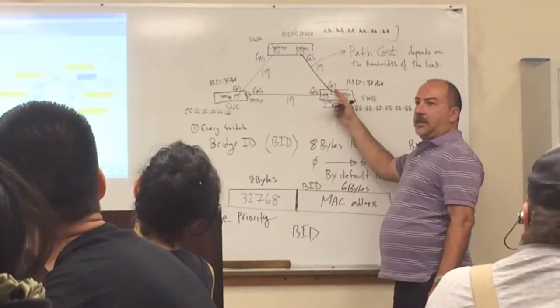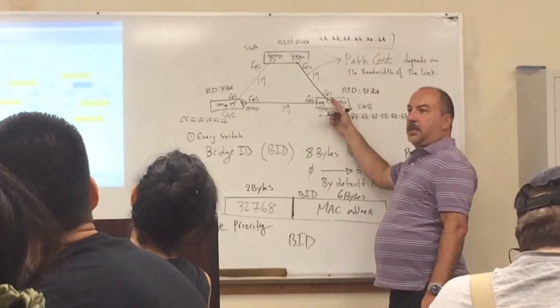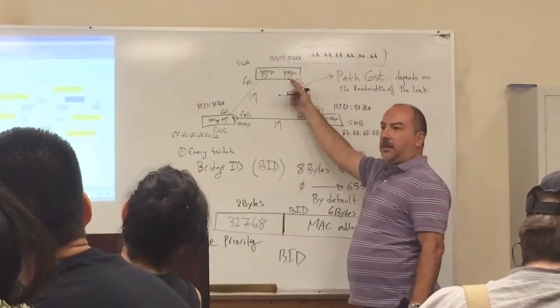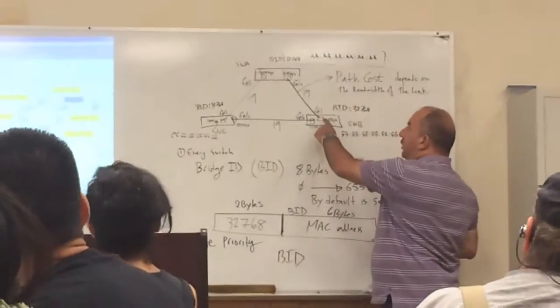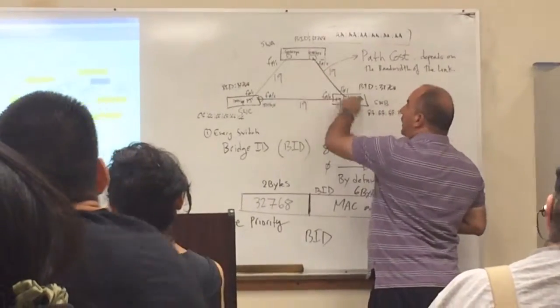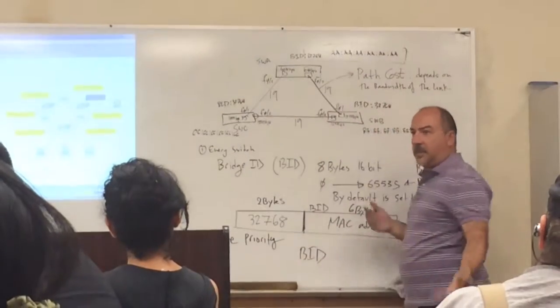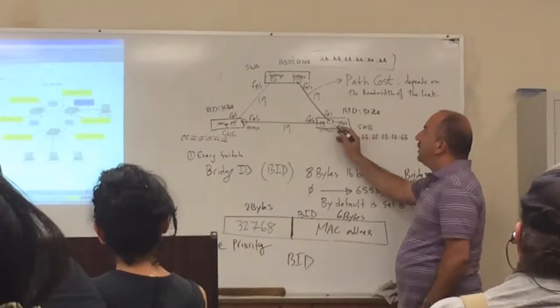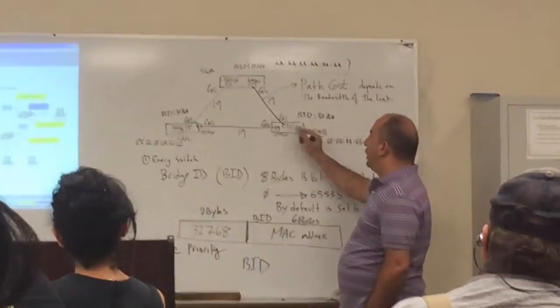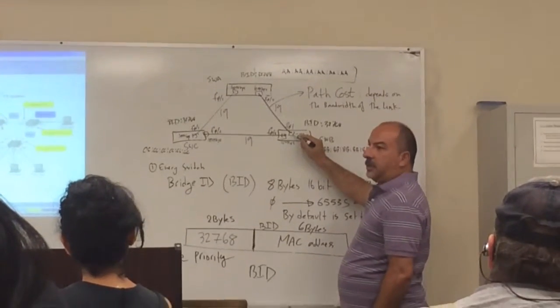Is this port, correct? 0/1? That's the closest, that's directly connected to here. So the closest, once you, because this is a root bridge, these are non-root bridges. That's all it is. So the closest port to the root switch is called root port.